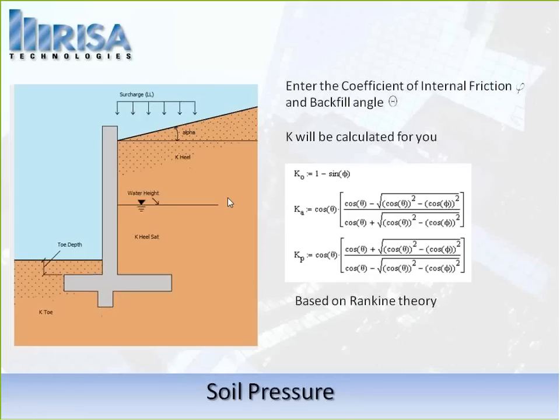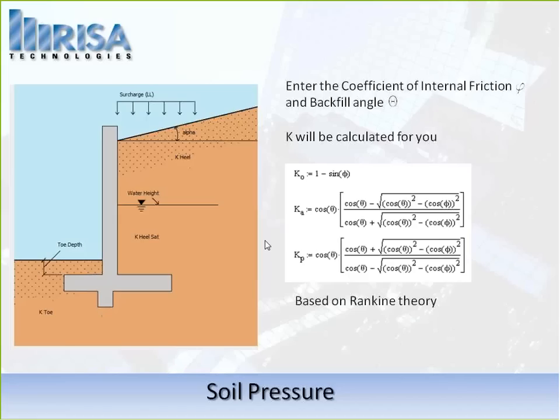So we're going to ask for input of the coefficient of internal friction and backfill angle, and then the K will be calculated for you. Here this shows us how this K is going to be calculated. This lateral force coefficient is going to be calculated, and we're using the Rankine theory.